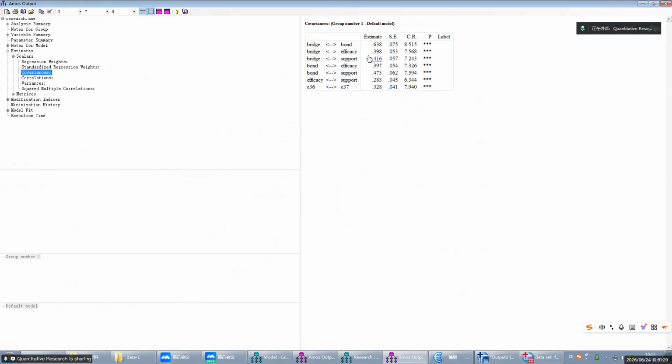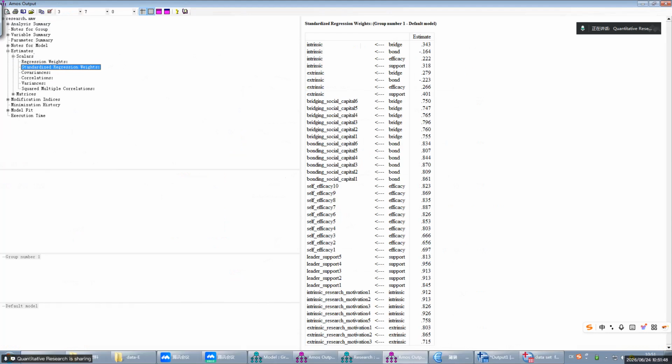So this is correlation, but this is unstandardized correlation. When you go here, this is standardized correlation. So pay attention: unstandardized, standardized, unstandardized, and standardized.